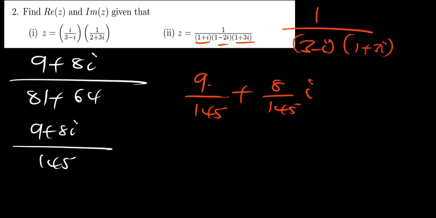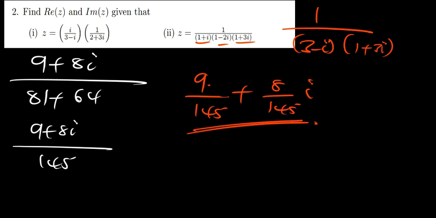What is 145? 145 divided by 3 leaves a remainder. What of 9 itself? 145 divided by 9 leaves a remainder. So this one I'll leave the way it is. What of 8? I don't think so. So I'll end up there.